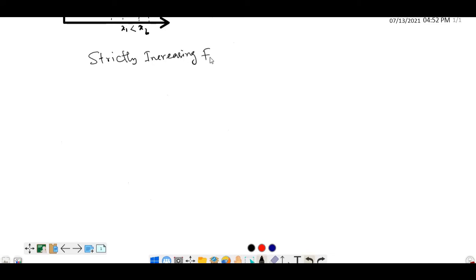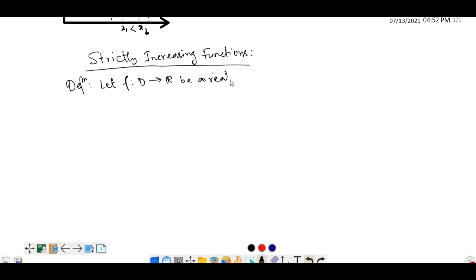Strictly increasing functions. So clearly, as you have seen in the definition of an increasing function, here we will take the definition like this. Say, let f from D to R be a function. Obviously, it is a real valued function.